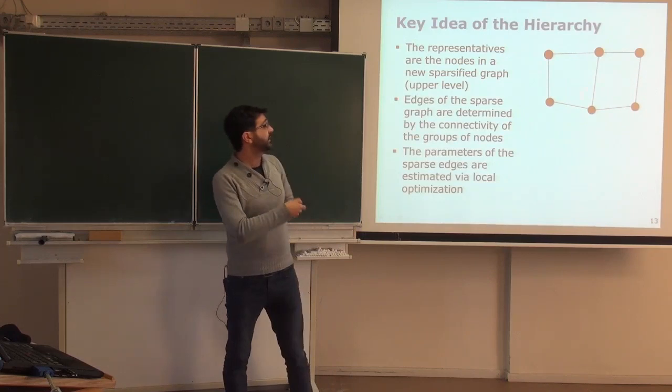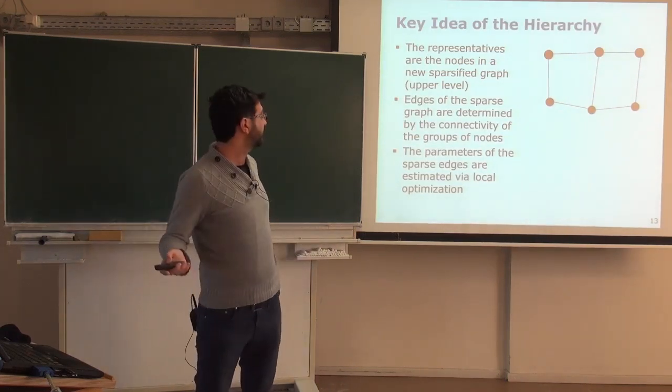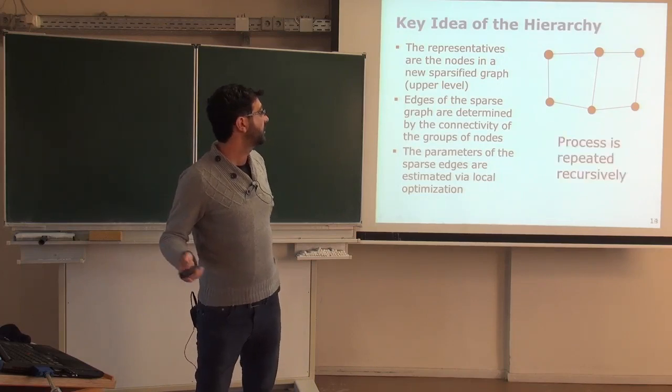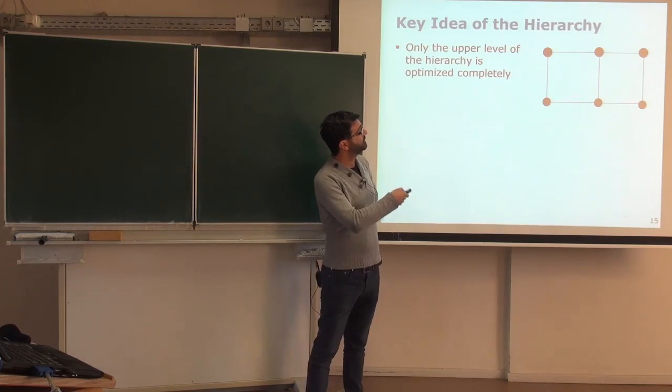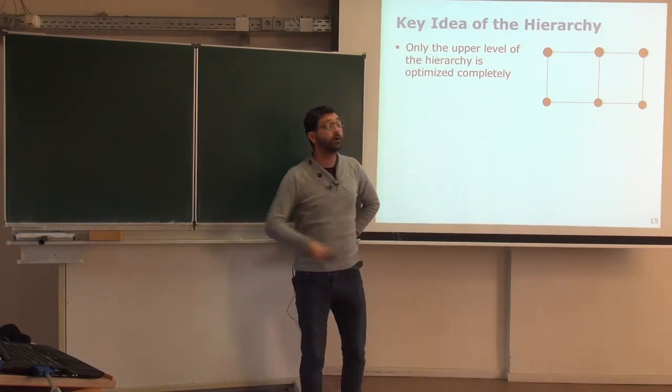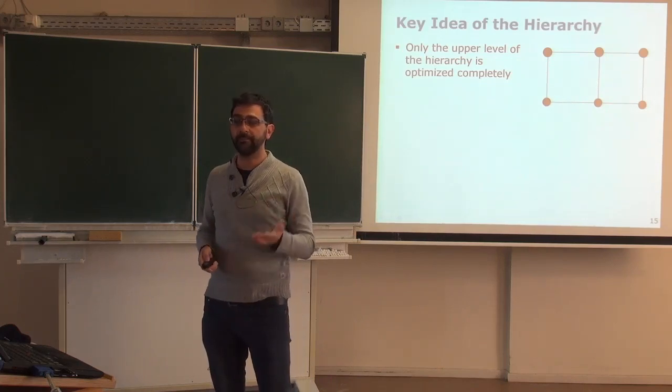Once we have the graph computed in this way, we can just optimize the graph, and we get a better estimate of the coarse structure of our map.